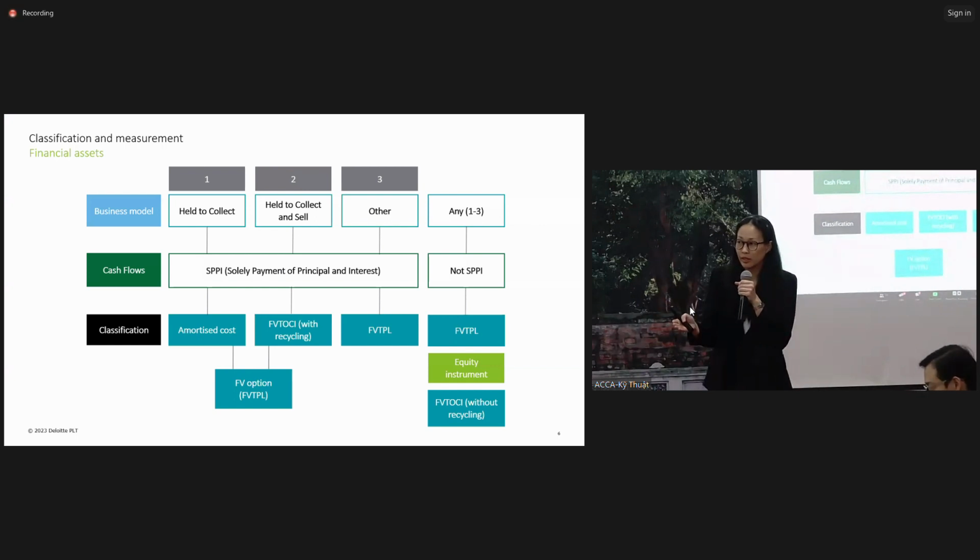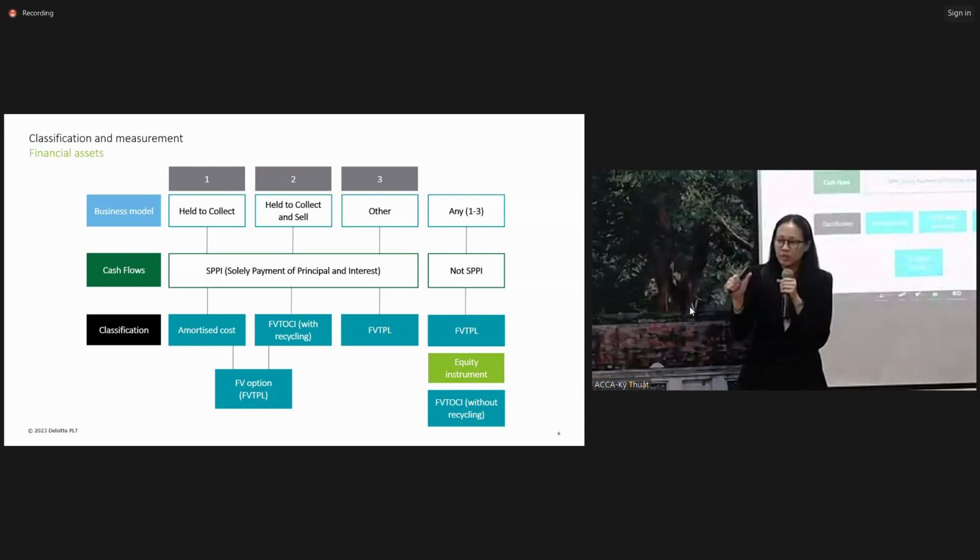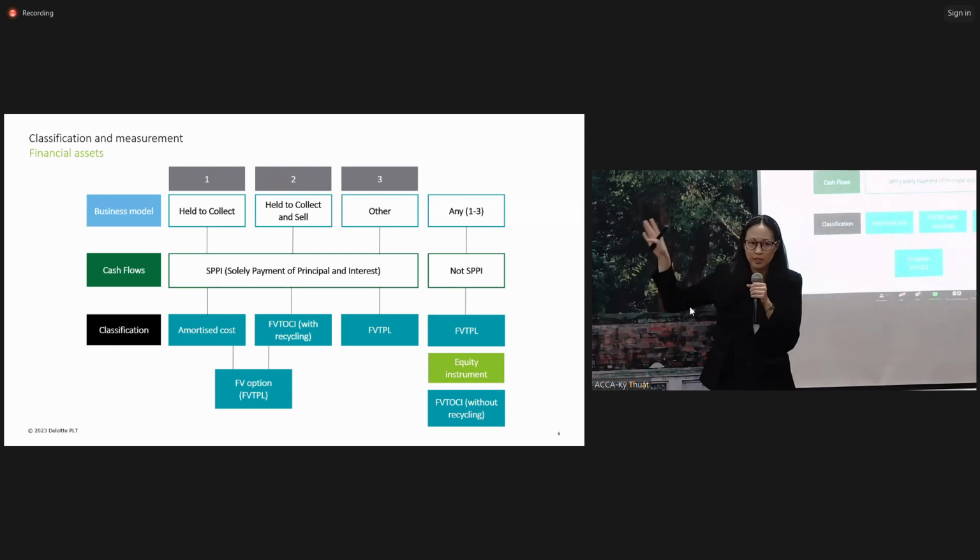Now, the other way to fall into the AFS category is if it does not meet loans and receivable. It is not designated as fair value to P&L. It is not held for trading, because those would have been at fair value to P&L.